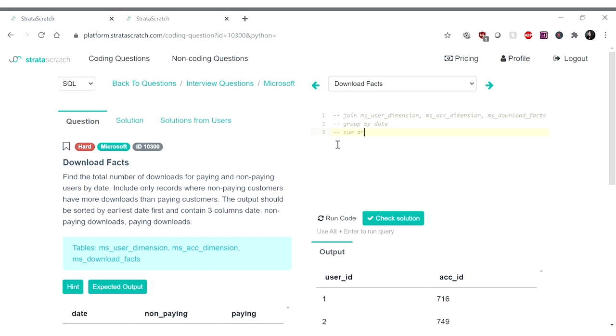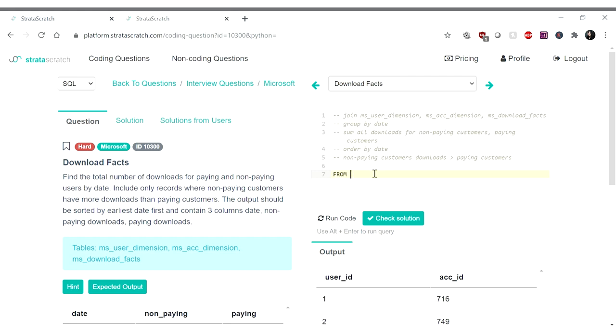We want to sum all downloads for non-paying customers and also for paying customers. Finally, we want to order by earliest date, and then include only records where non-paying customers have more downloads than paying customers. So this is going to be another filter: non-paying downloads is greater than paying downloads. Cool. Let's get started on the query.